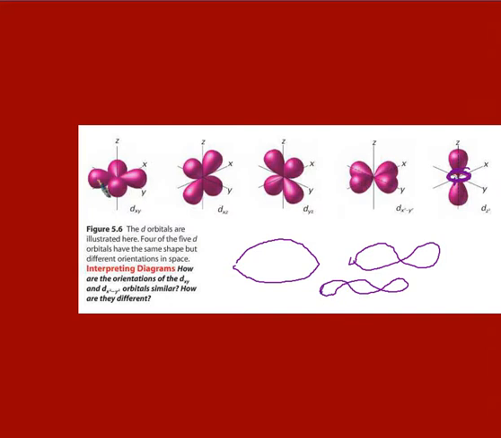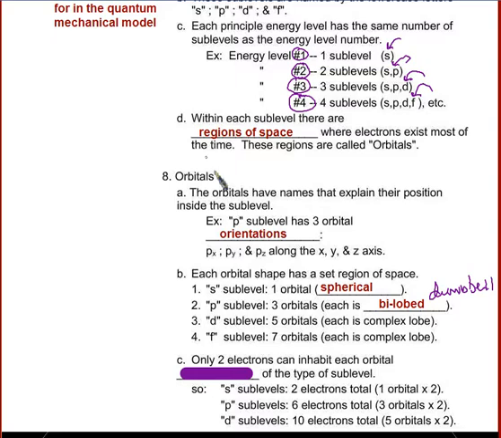And you can kind of see how this right here would match this loop, and this right here would match this loop, and this one is kind of looping around. Okay, maybe that's a tough sell. But those are the orientations and those are the sublevels that we're looking at.